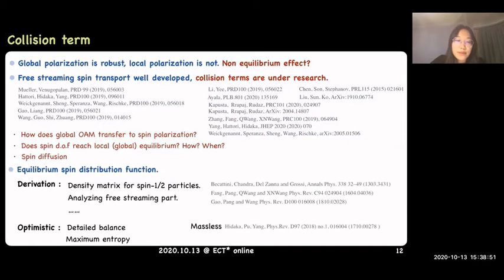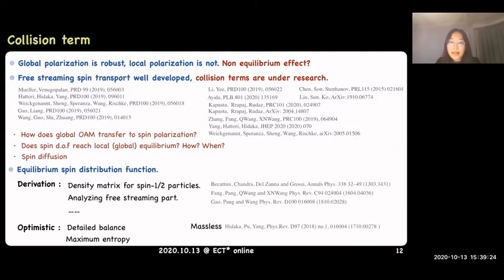For instance, it can be derived from the density matrix for spin 1/2 particles, or by analyzing the free streaming part of the spin transport. But the most optimal approach would be to derive the equilibrium spin distribution function from the collision term, by requiring detailed balance at equilibrium and also maximum entropy.